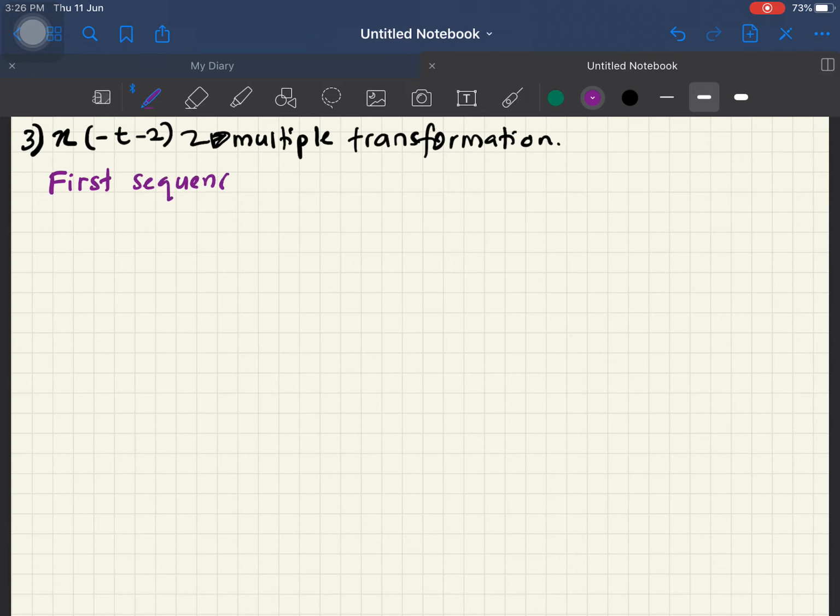Let's say first sequence, where you do x of t, you do time shift first. So t is shifted by 2 units to the right.